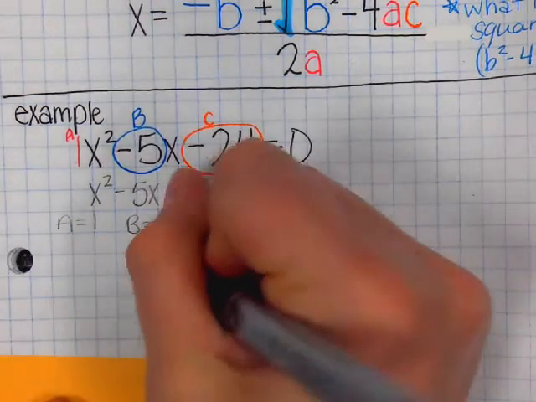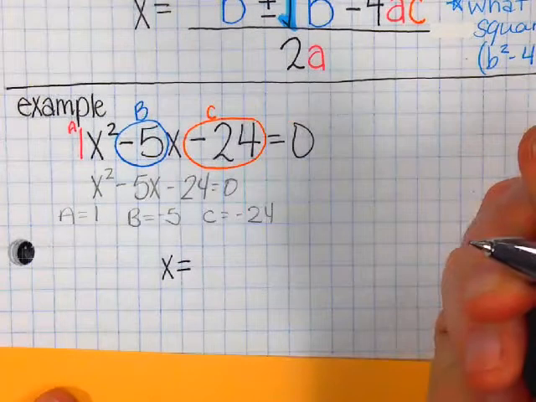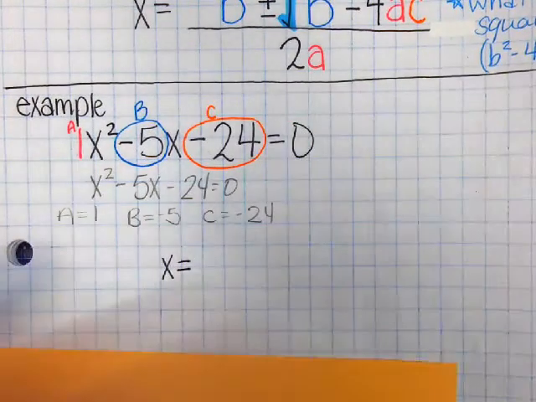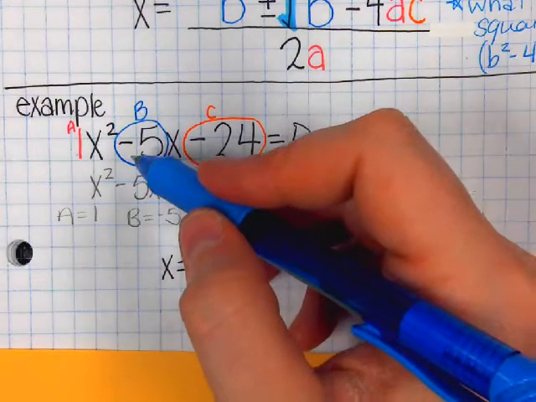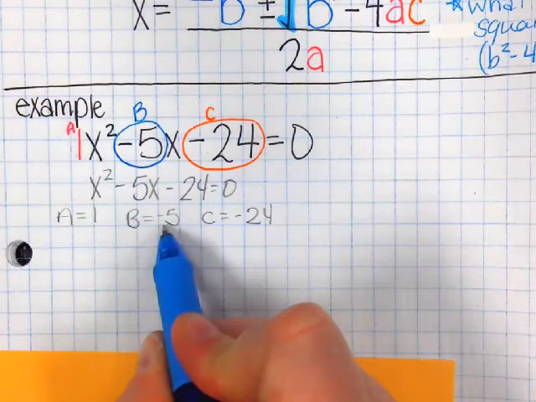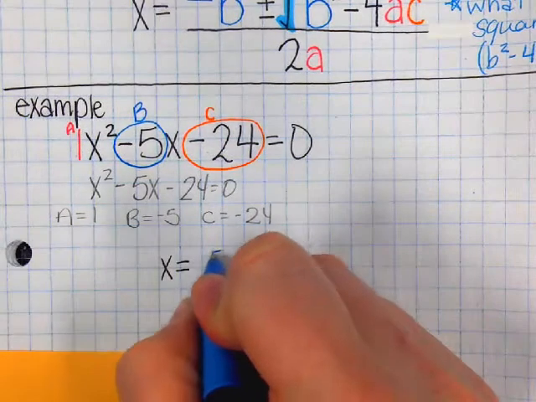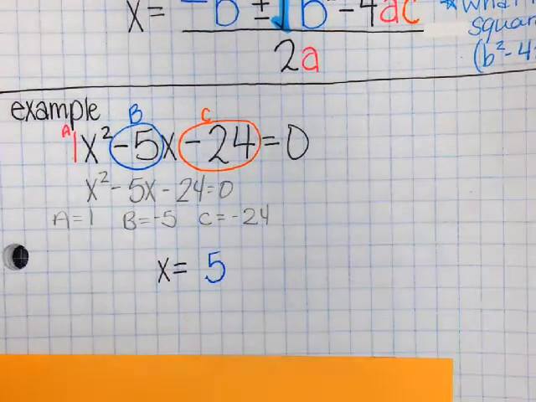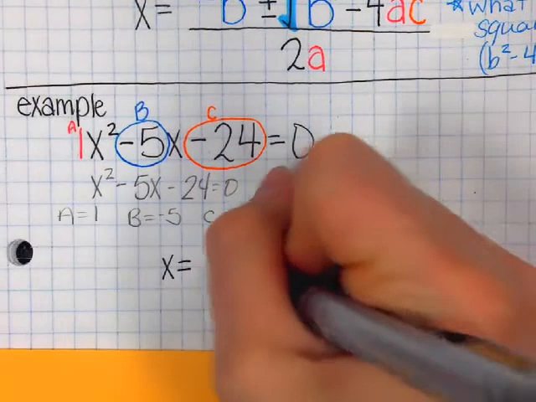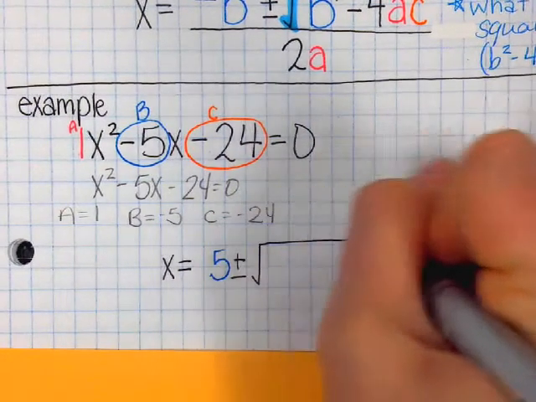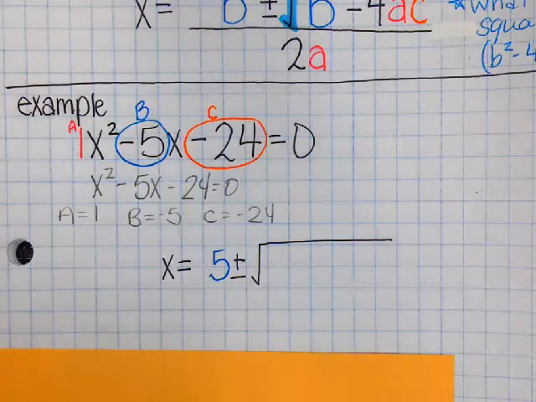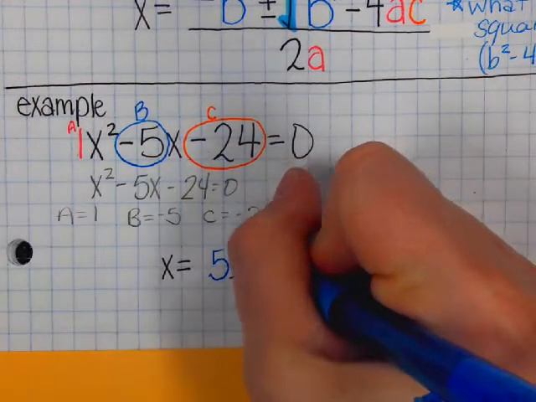Let's go ahead and set up our quadratic formula. So x equals the opposite of b. The opposite of a negative 5 is a positive 5, plus and minus the square root of b squared, which is negative 5.